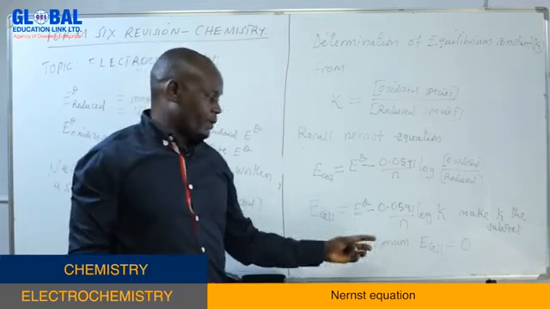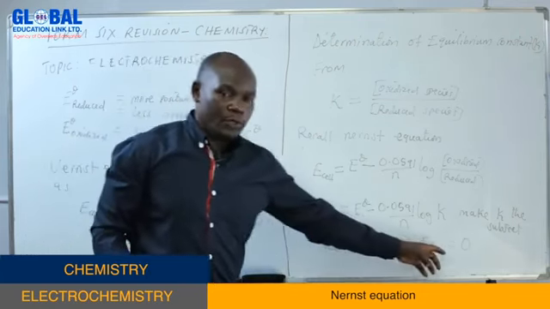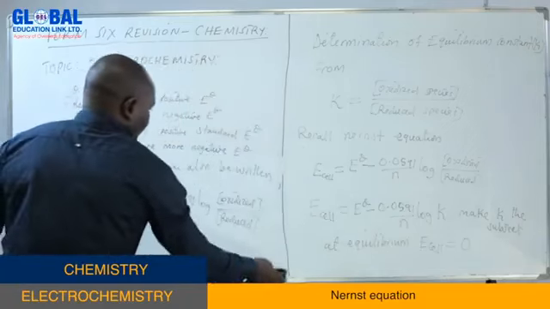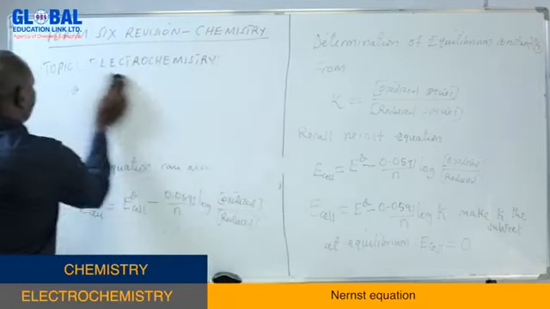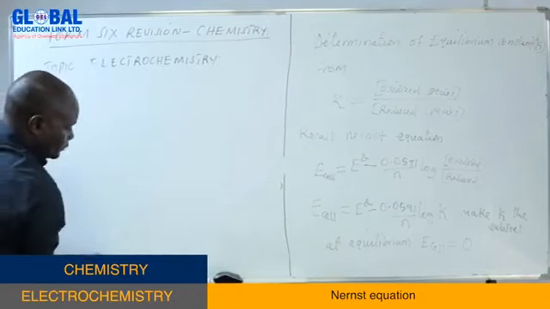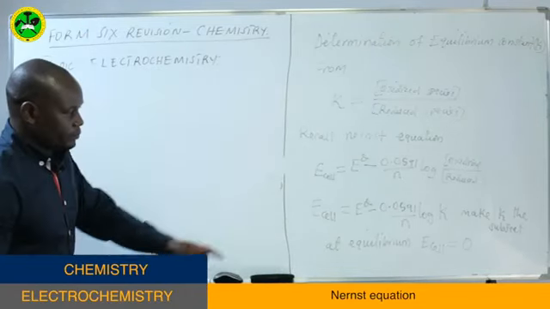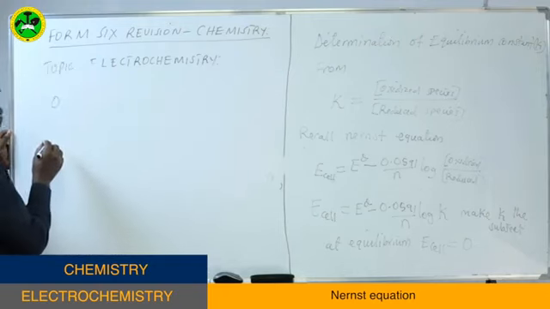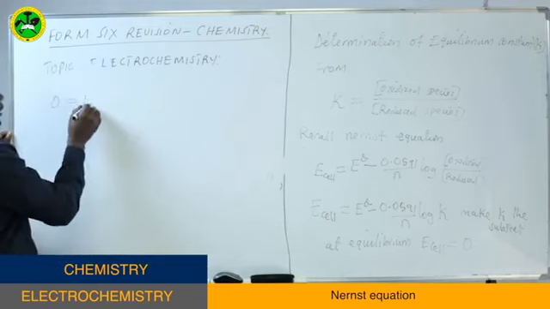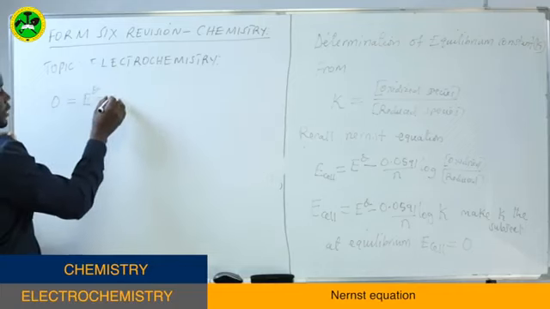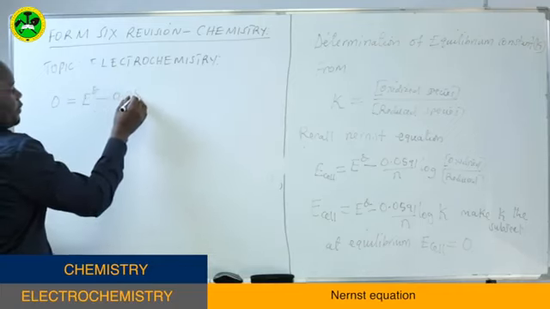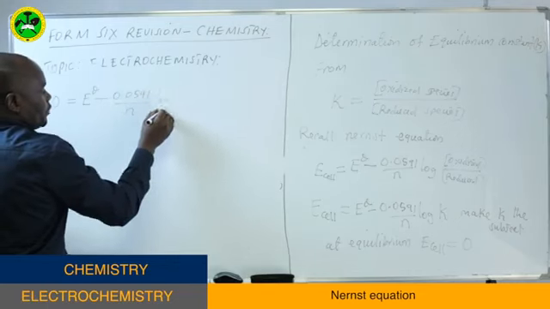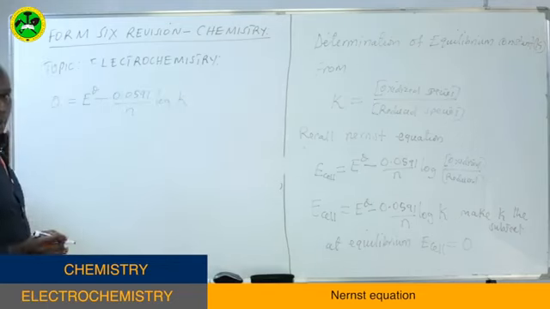So if we substitute 0 there, then E of a cell, which is 0 now, will be equal to the standard electrode potential minus 0.0591 divided by n, times log of K, which is the concentration.